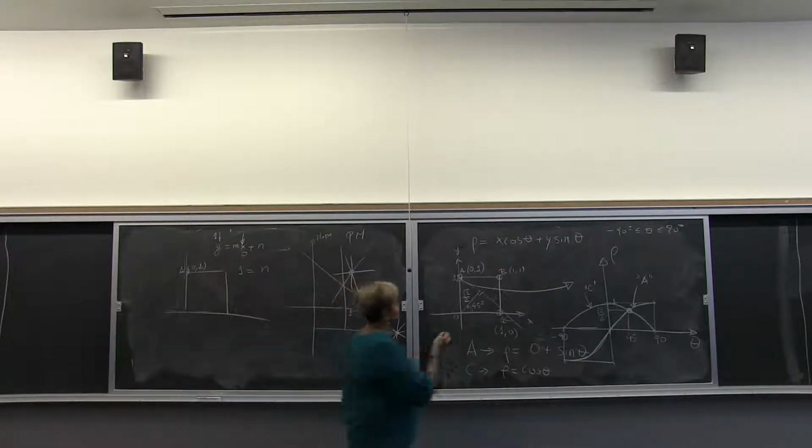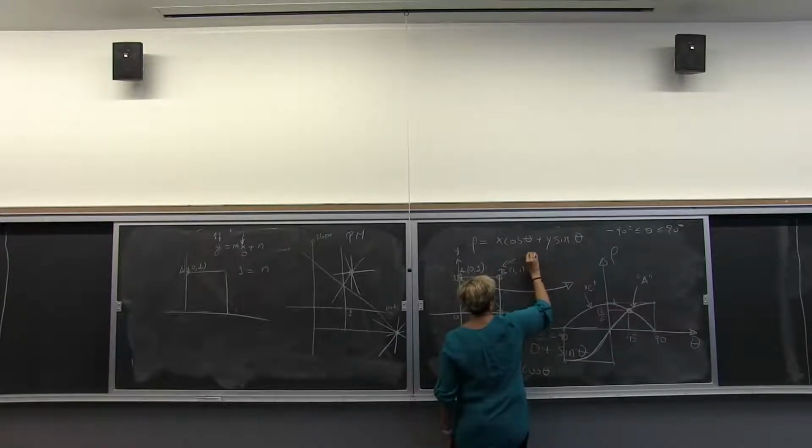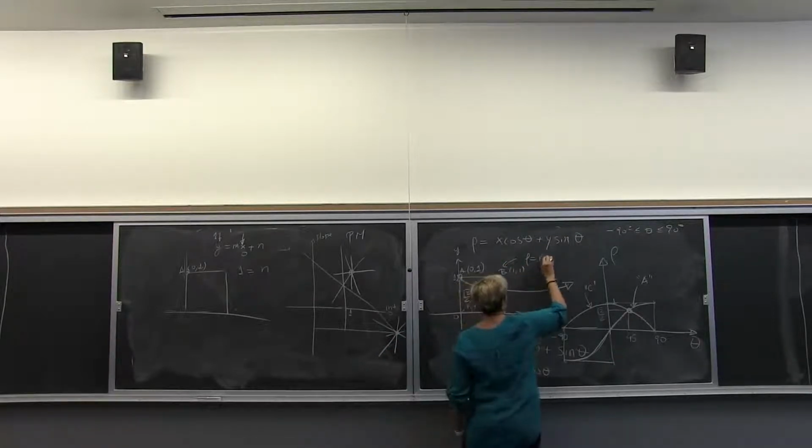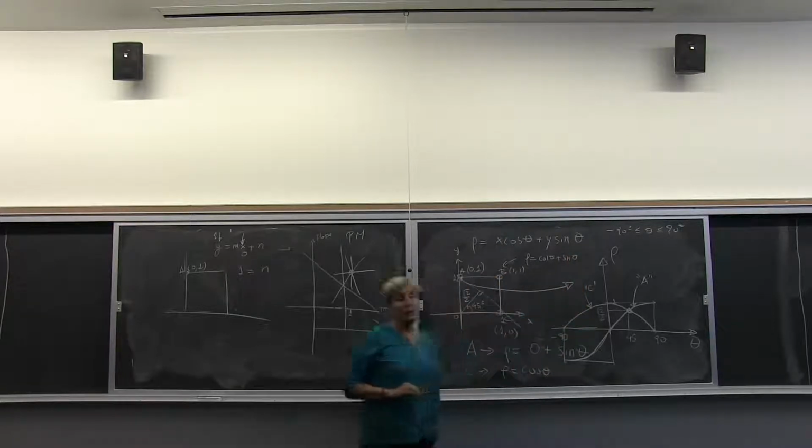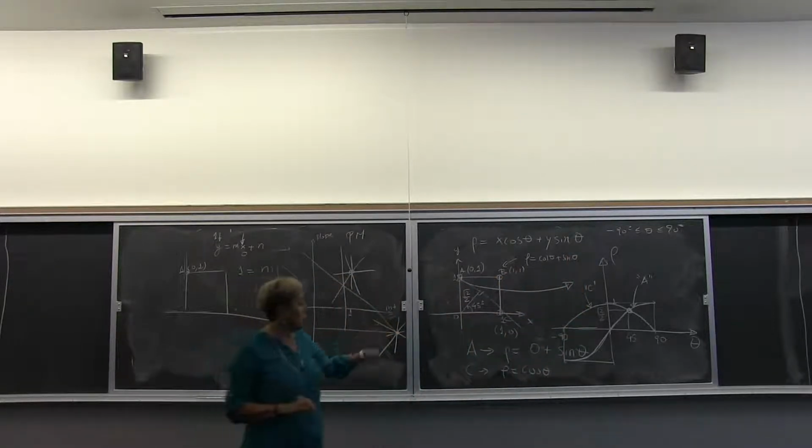It would be rho equal to cos theta plus sine theta, right? So can I draw that?